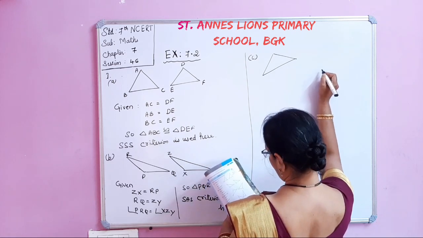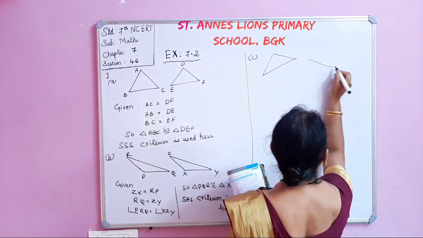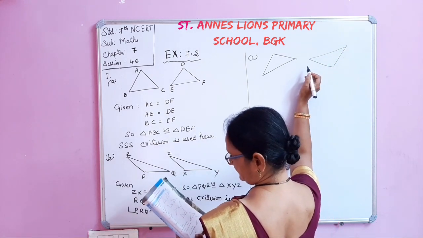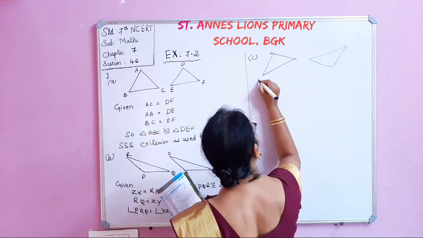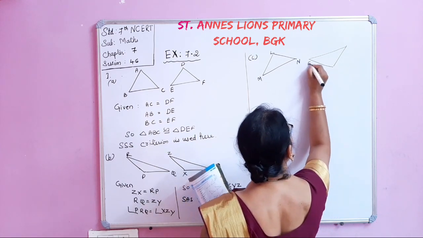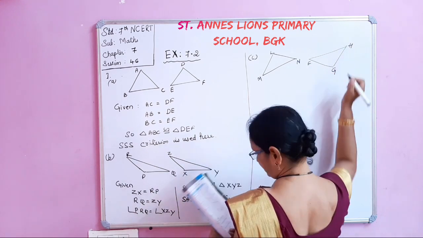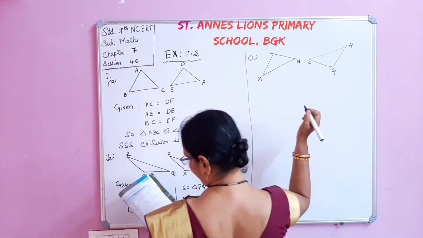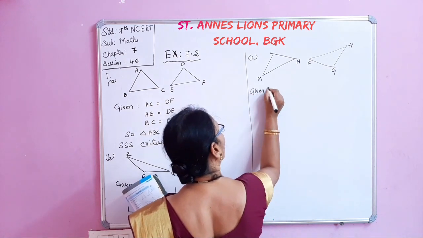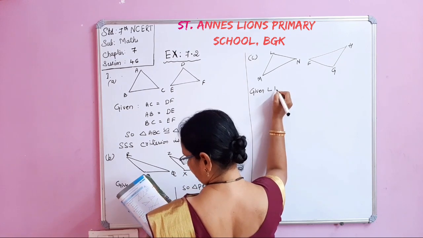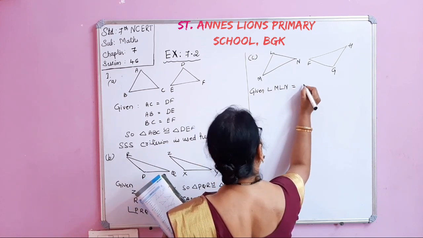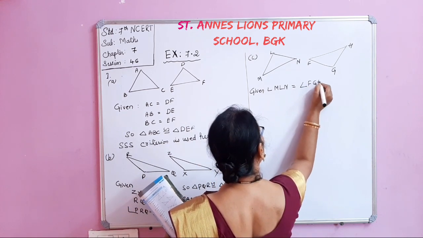Okay, then LMN and FGH. Then what are the given criteria? Angle MLN is equal to angle FGH.